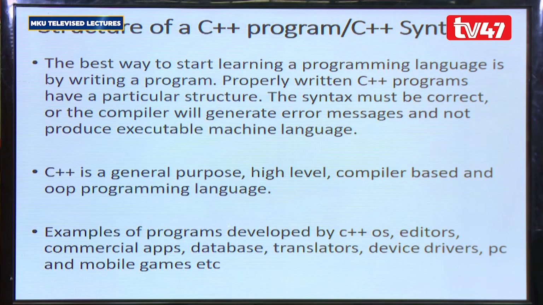And we have expounded more on what we mean by object-oriented programming. There are many programs that you can develop using C++, like operating systems, editors, many commercial applications, databases, translators, device drivers, and PC and mobile games, among many others. So all these programs can be developed using C++.